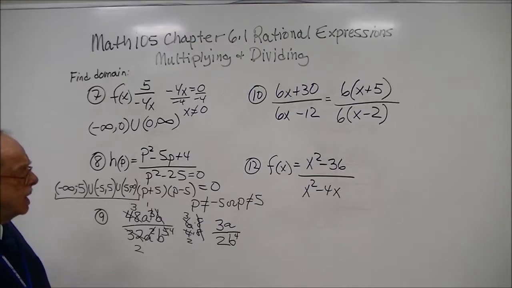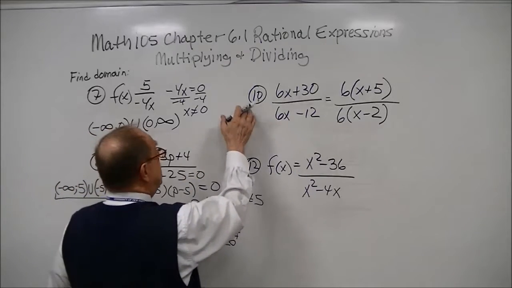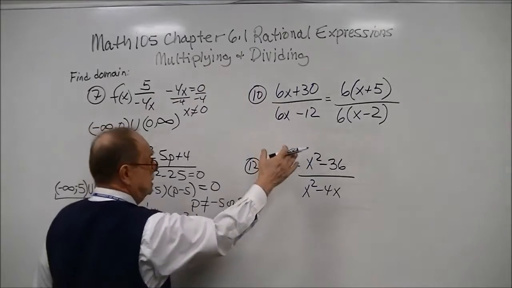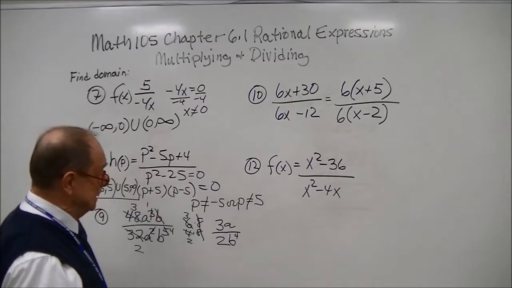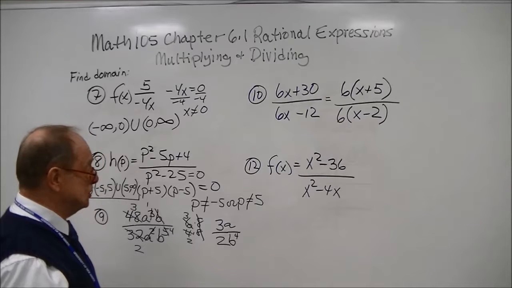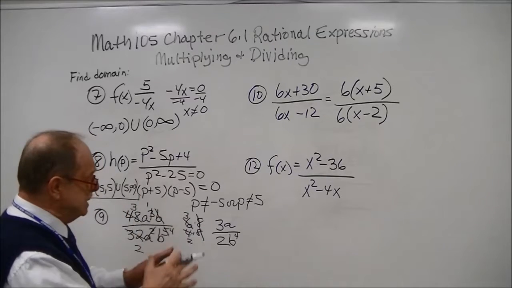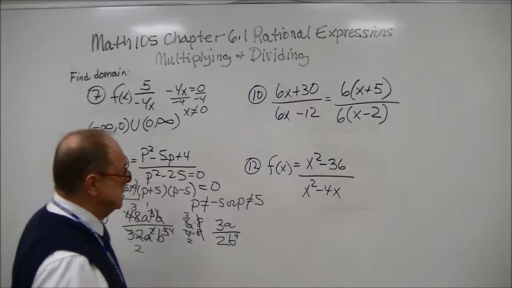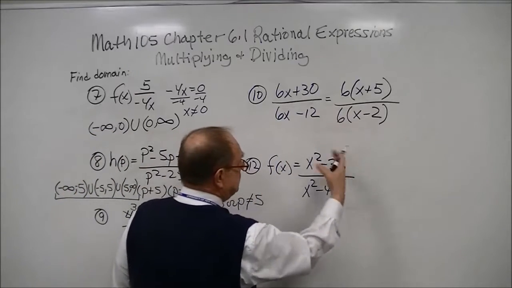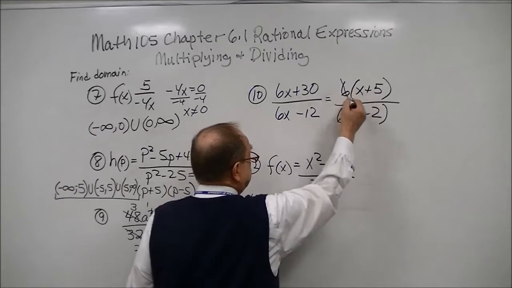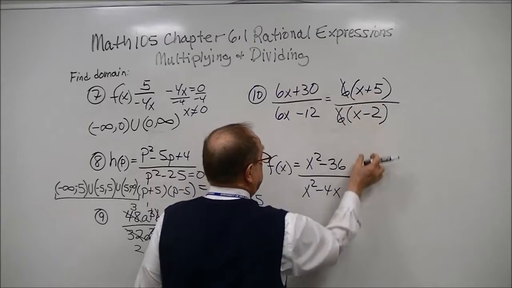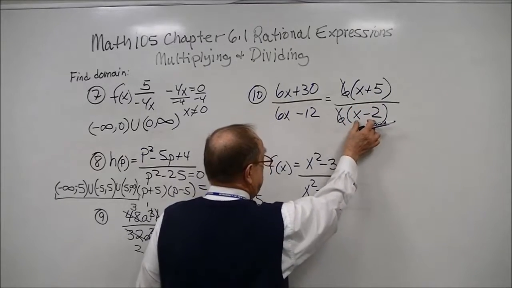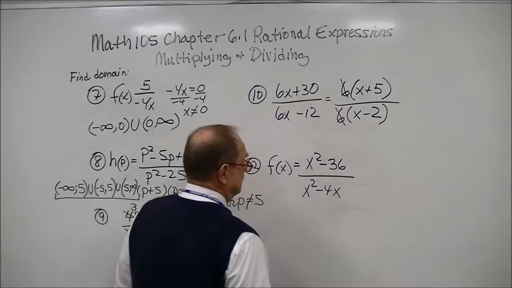And you might say, wow, just in one example now in chapter 6, we're doing 2 examples from chapter 5. Yes, that is true. It's a lot more intensive. So you might say, what are common factors here now? Well, the 6. So your final answer for number 10 is x plus 5 over x minus 2.